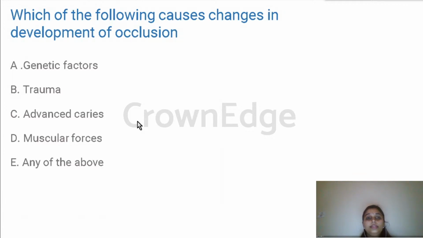Advanced caries. How does caries actually play a role in the development of occlusion? If you have advanced caries, especially early childhood caries, you will lose a lot of the mesiodistal width of the teeth. Because of loss of that mesiodistal width, your arch length becomes smaller.